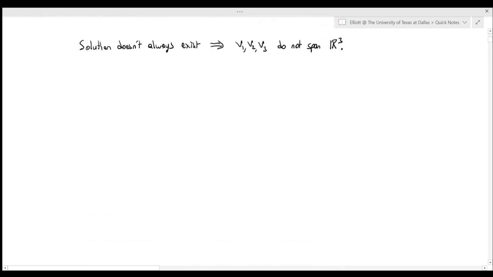So then let me make a few comments now from this example. So let's try to generalize. So in the example, I had 3 vectors in R3. But in general, let's suppose I have some number of vectors.